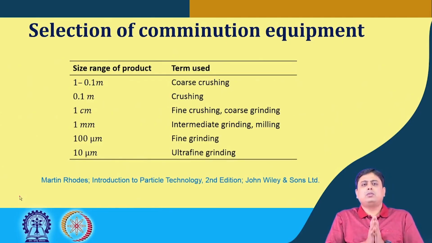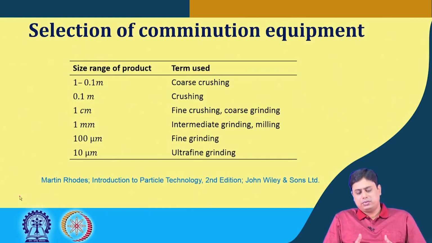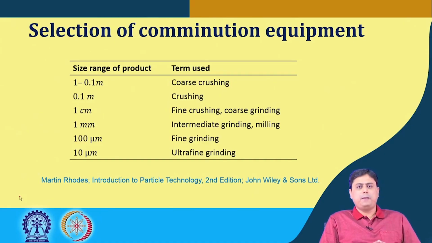In this size range, industrially, the particle size reduction is called the coarse crushing operation. When it goes below, in the order of 0.1 meter, we say the crushing operation is happening.